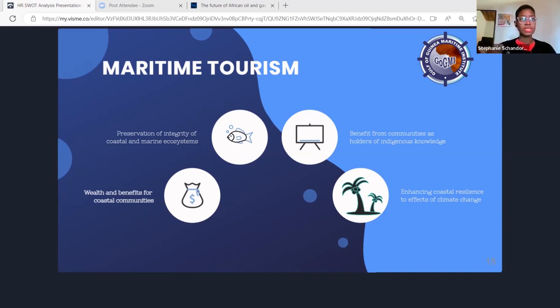So there are these new paradigms about building maritime tourism industries with the needs of coastal communities at the fore, right? Because once you get the coastal communities actively involved, then the benefits sort of ripple all across.